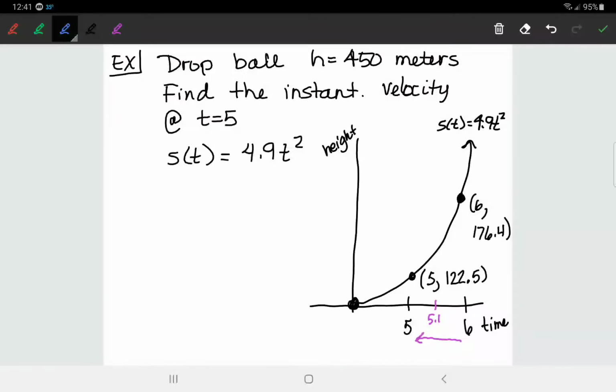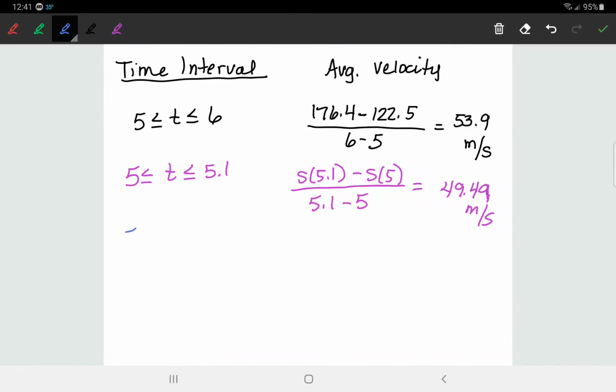But let's get closer, right? We could come even closer. Let's say the time interval starts at 5 and now goes to 5.01. Again, we do the same thing: the position at 5.01, we subtract off the position at 5, then divide by the change in time, 5.01 minus 5.